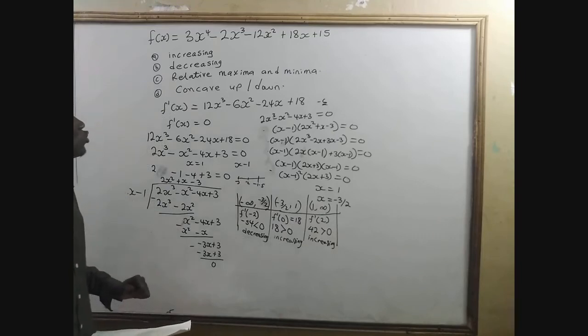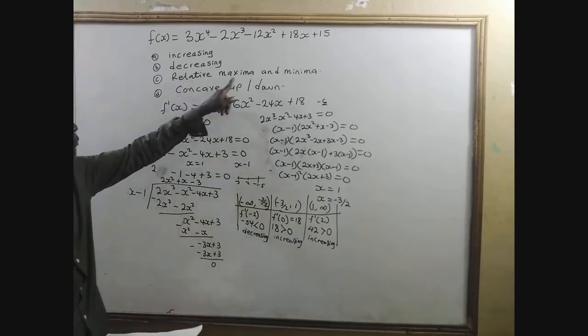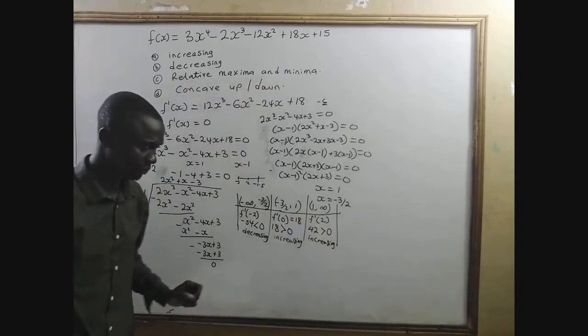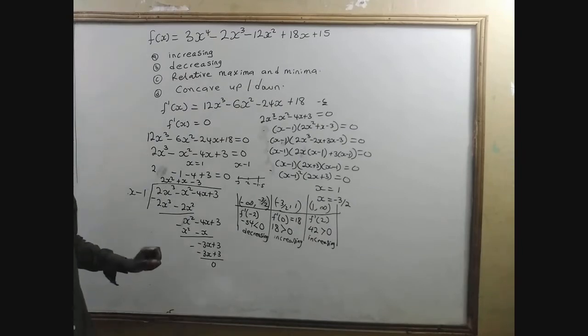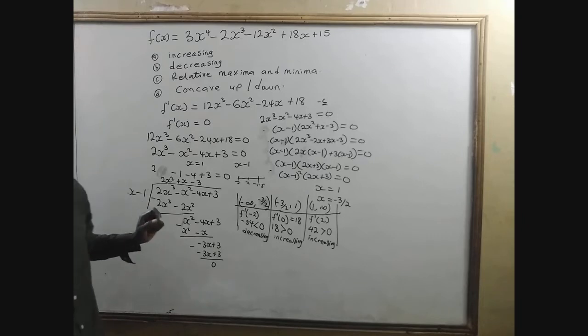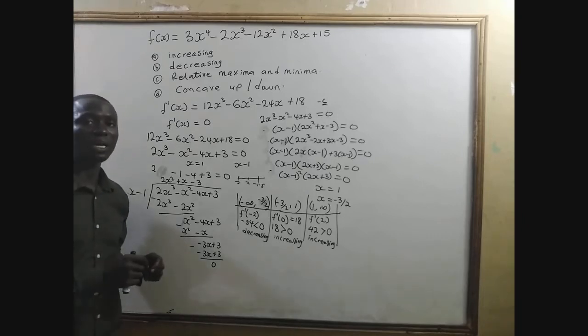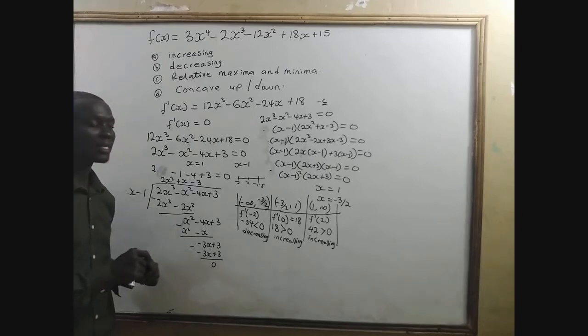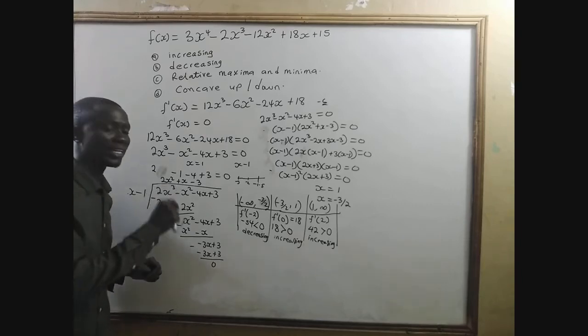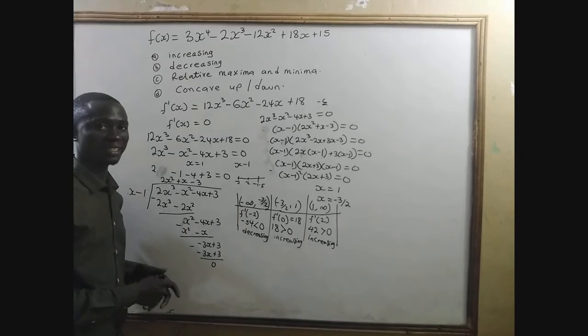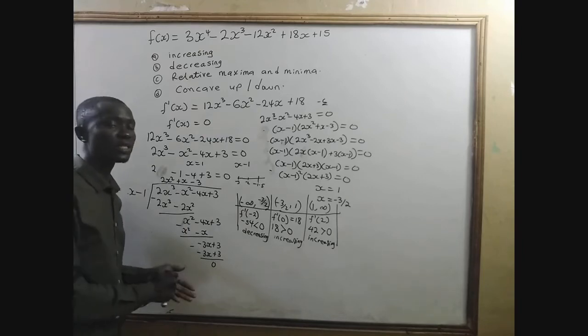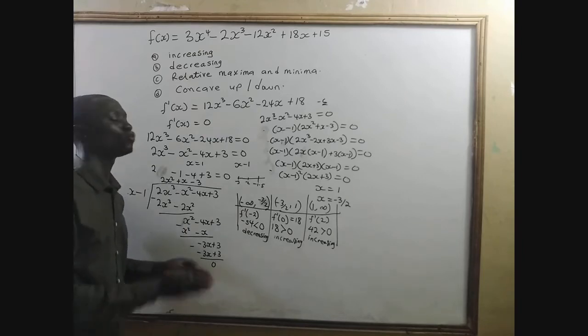Wow. Now, how do we find our relative maxima and minima? To find the relative minima or the relative maxima, we will look at where on the interval f prime of x changes sign from either positive to negative or negative to positive.